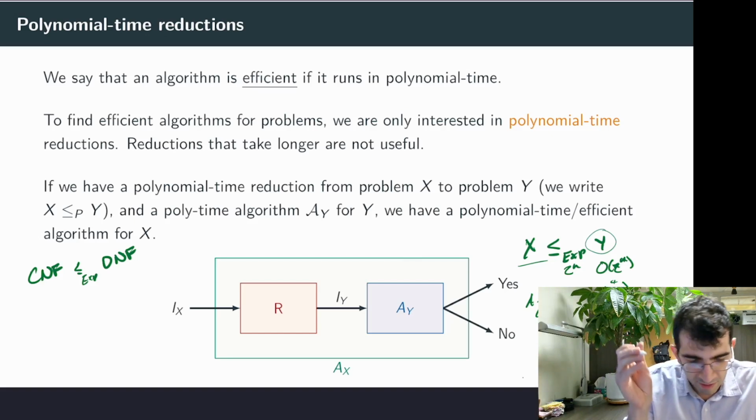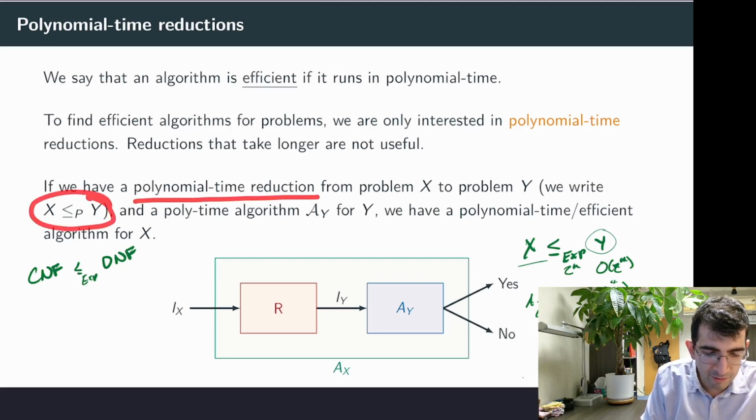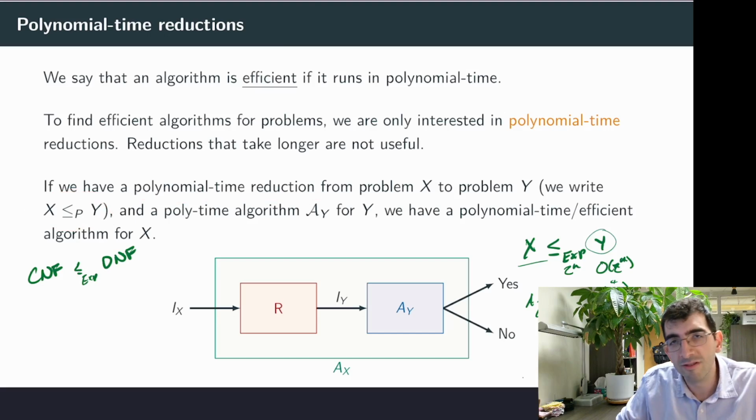So all this is a way to simply say that we are only concerned with polynomial time reductions, i.e. these types of reductions, i.e. Karp reductions. Polynomial time reductions from one problem to the other.